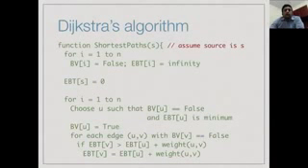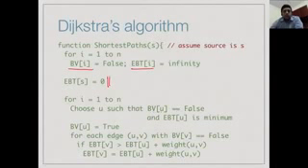So we have these 2 arrays, the burnt vertex array and the expected burn time array. We initialize burnt vertex to false and expected burn time to infinity for all vertices. Now we set the source vertex expected burn time to 0, and now we choose the smallest unburnt vertex.